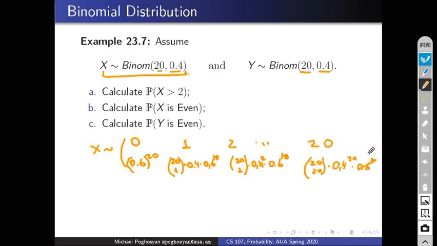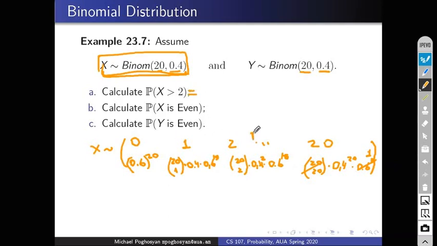So this is 1, this is 1, so we will have 0.4 to 20. So this notation means that X is taking these values and with these probabilities. Now we are able to calculate this probability.